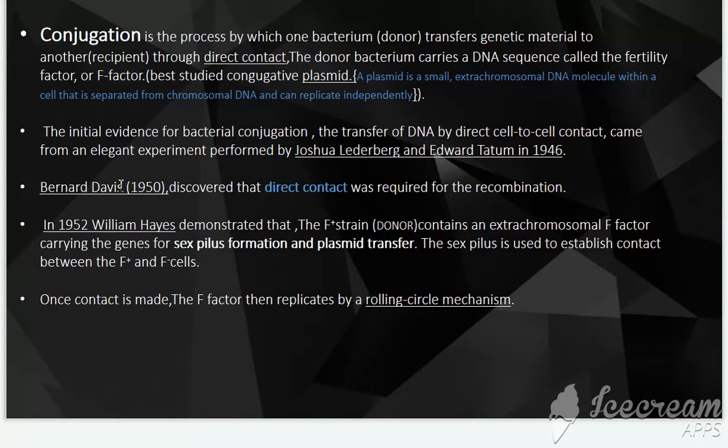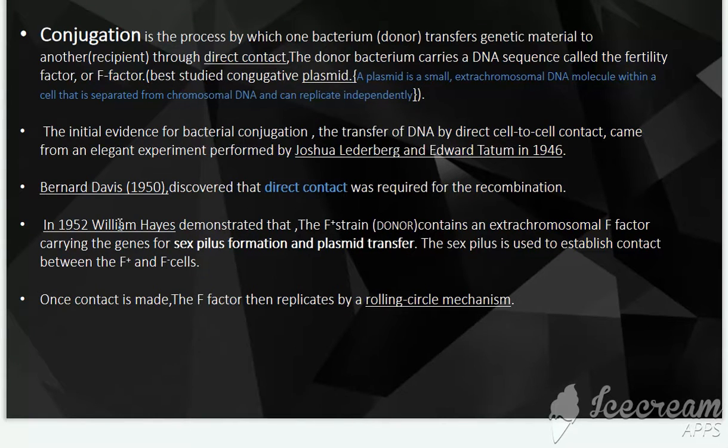This was discovered by Bernard Davis in 1950 by performing an experiment in which he took a U-shaped tube. In that he filled nutrient medium, and bacteria were there. He put a filter between them, and because of the filter, the bacteria were not able to directly contact each other, and due to that conjugation does not occur.